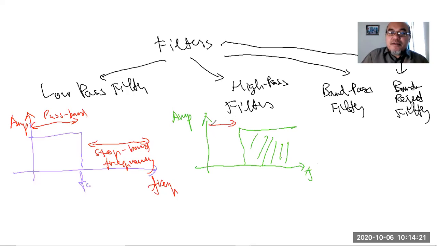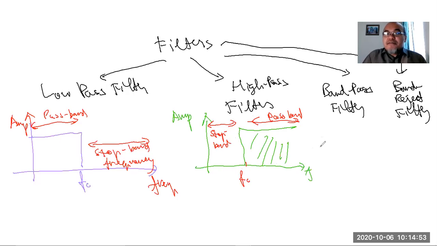So this is the stop band in a high pass filter, and this is the pass band. The frequency where it cuts is similarly called the cutoff frequency. Only for a high pass filter, frequency higher than the cutoff frequency will be passed by the instrument, and signal lower than the cutoff frequency will be stopped.